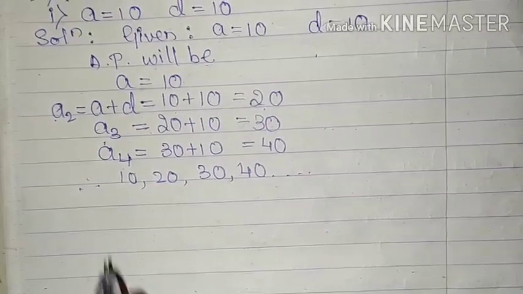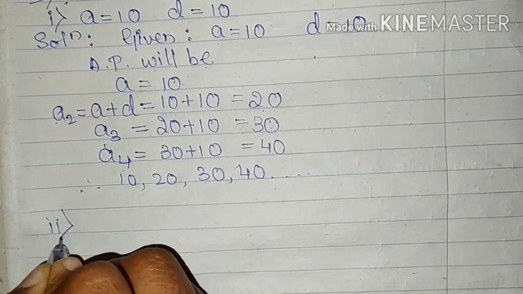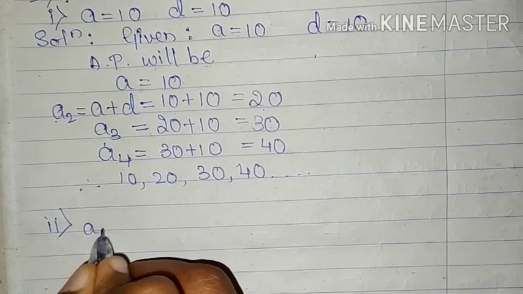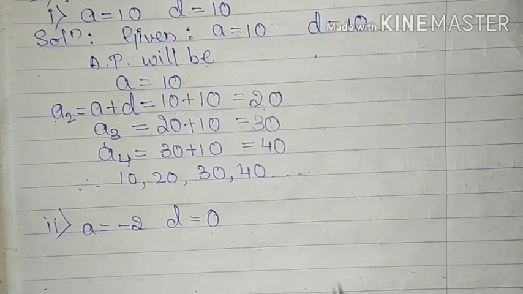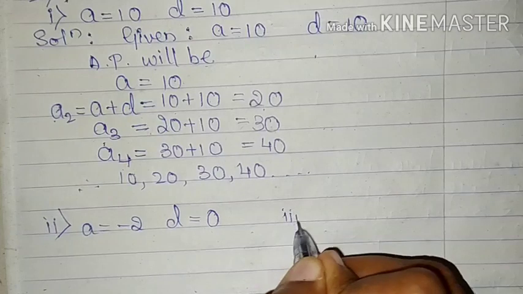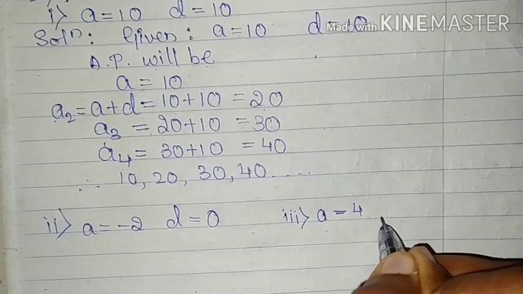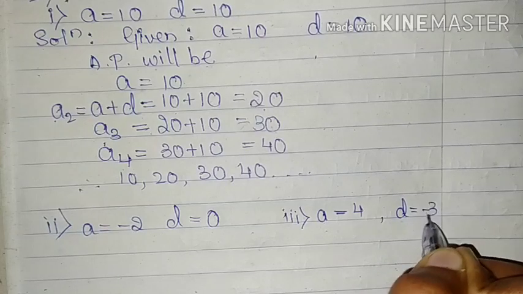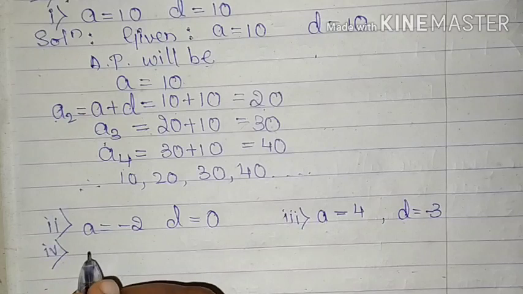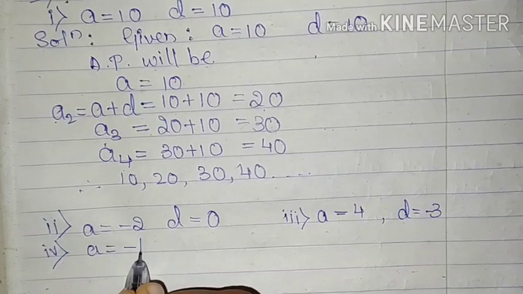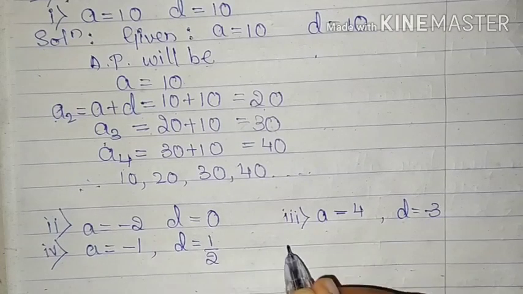The remaining 3 or 4 questions which you have to do are: A is equal to minus 2, D is equal to 0. The third one, A is equal to 4, D is equal to minus 3. The fourth one, A is equal to minus 1, D is equal to half.